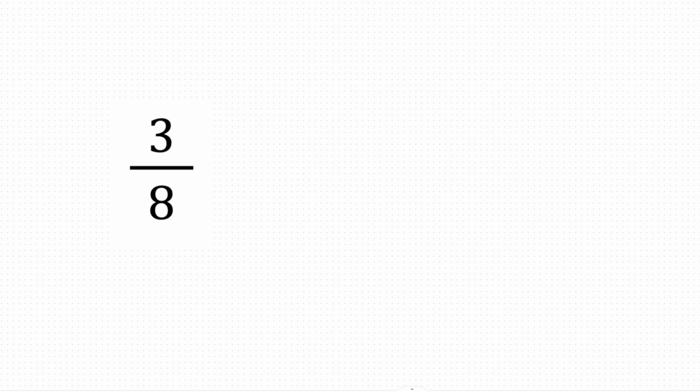This is how you're going to set up your long division problem. Remember, 3/8 means 3 divided by 8. The division bar really means divide. So I'm going to set up the division box, and again, we're dividing 3 by 8. So 3 goes inside the box, and I like to always write a few zeros, so 3.00.